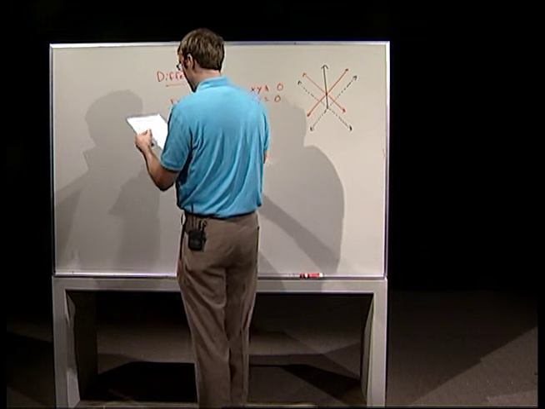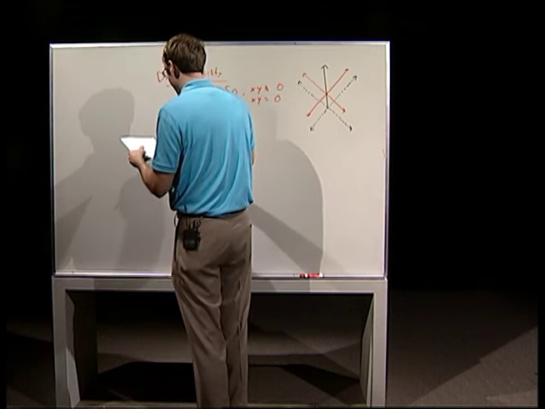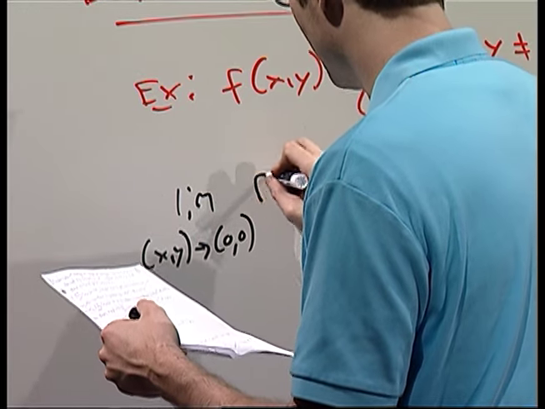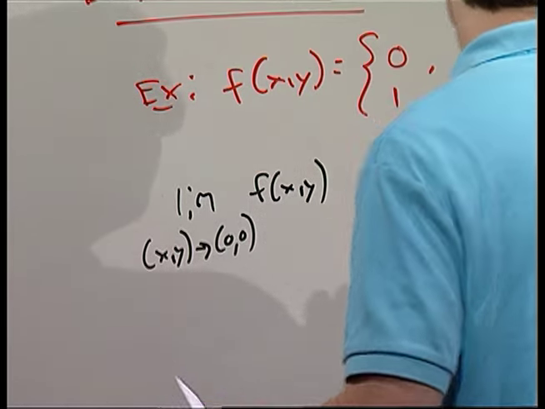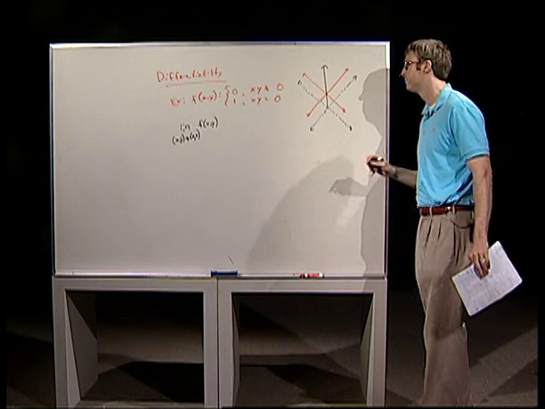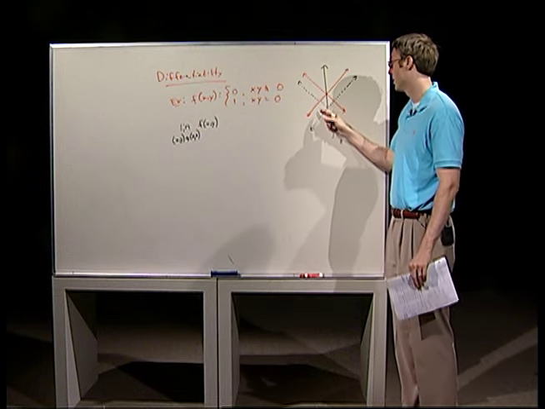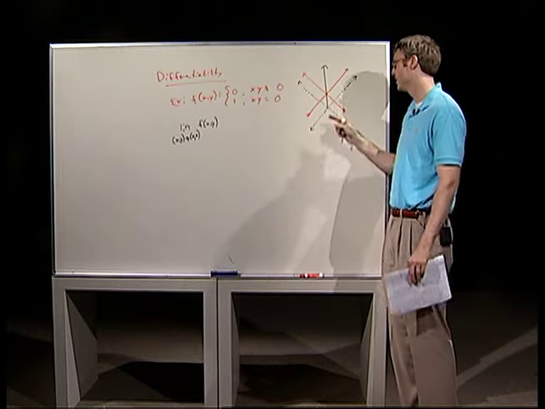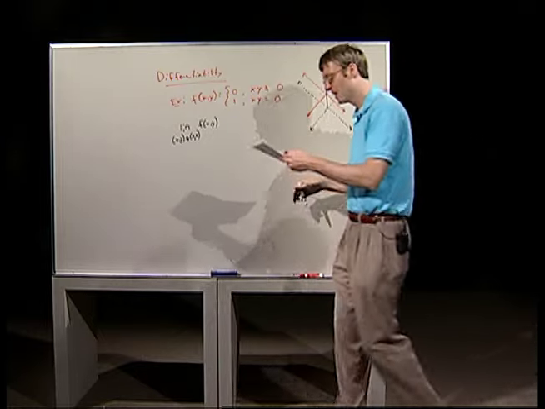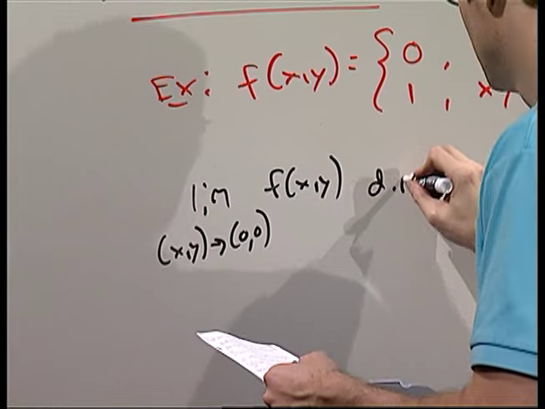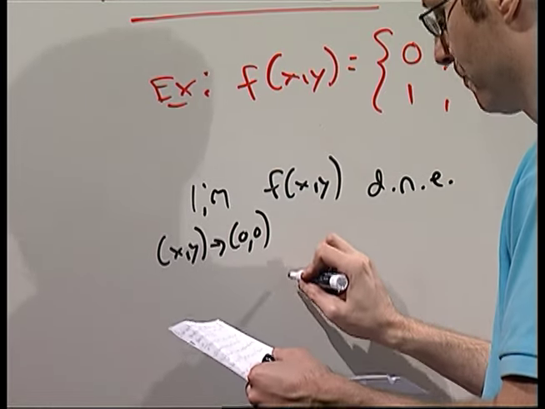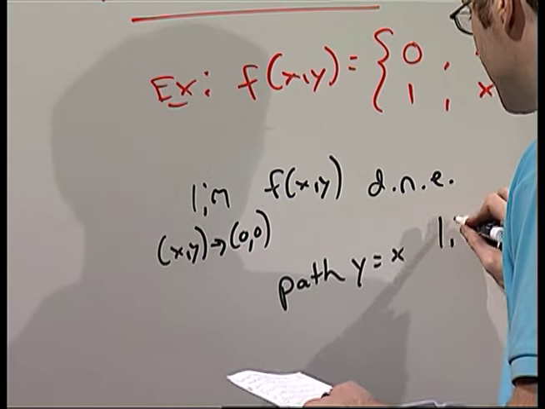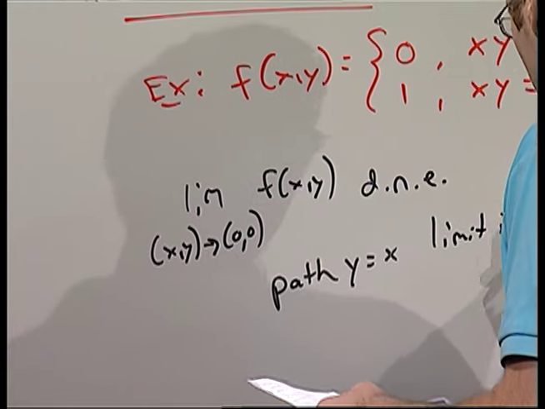First of all, this function is absolutely not continuous at (0,0), and it should make some sense. Just think about it: you're walking along the xy plane, your value is 0, and then all of a sudden you leap to 1. The limit doesn't exist. It's very easy to see that if you walk along the path y equals x, the limit is 0.